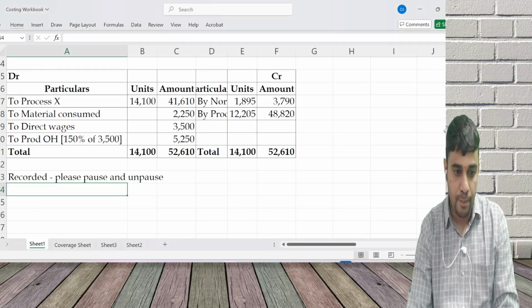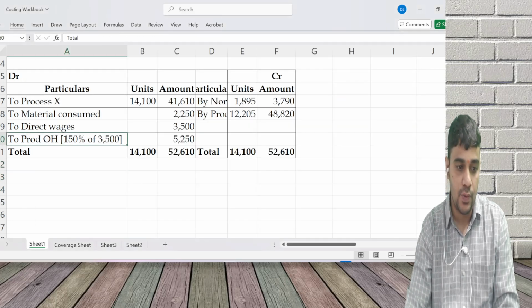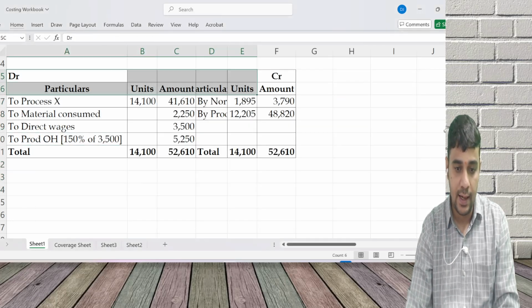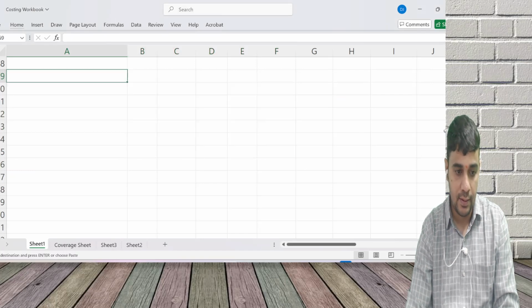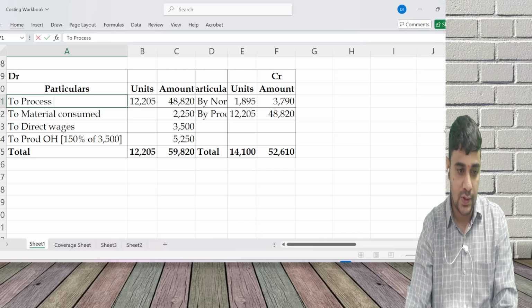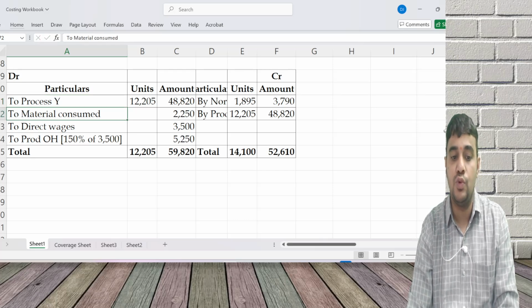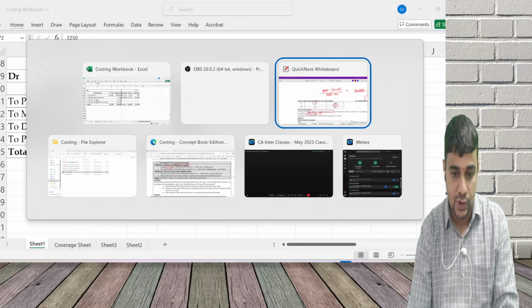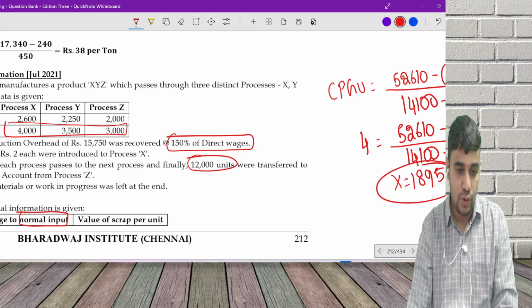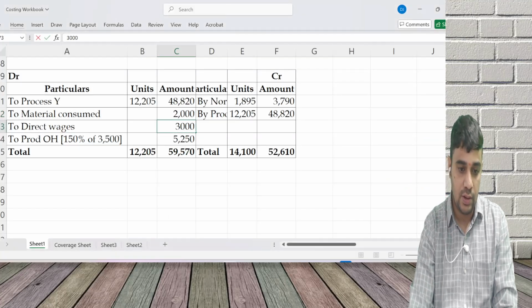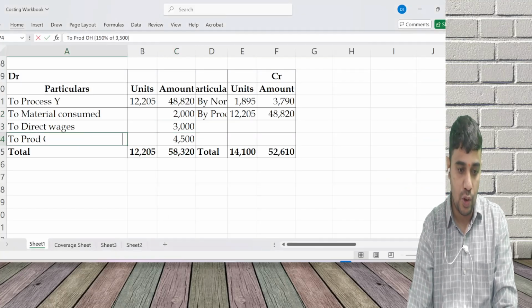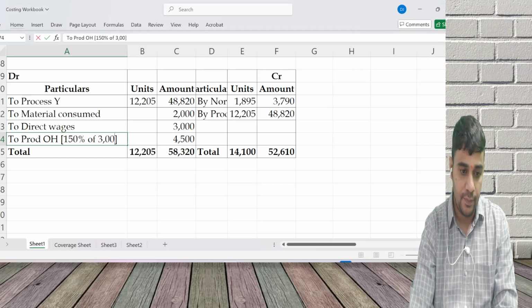So I come to the process Z account. It is exactly similar to process Y till 205, 48, 820. Material consumed was 2000, 3000, 4500.